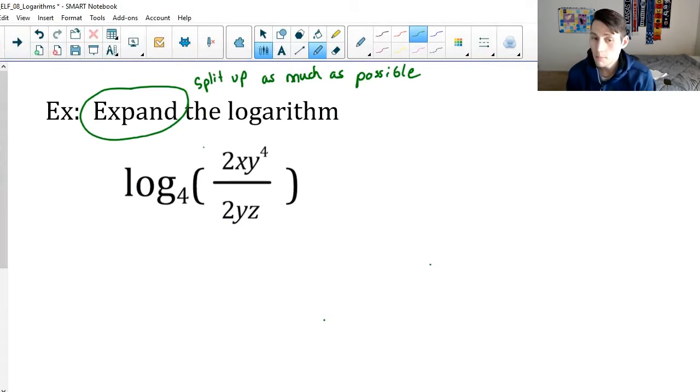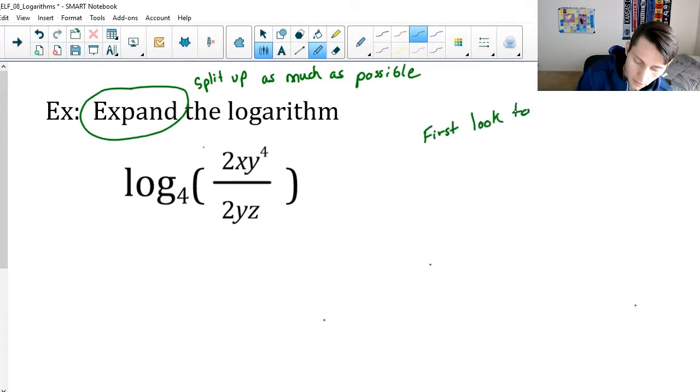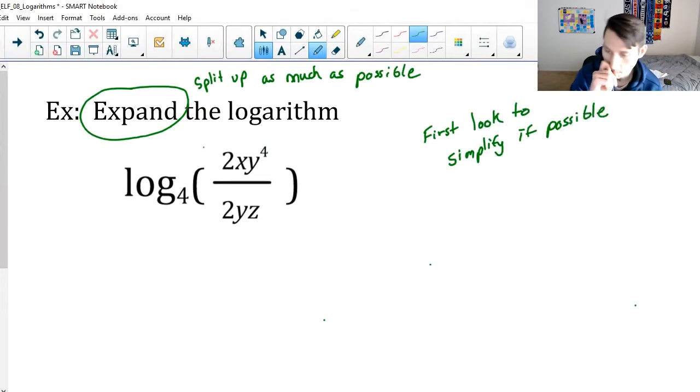Okay. Now, before we start using our properties, let's first look to simplify, right? If it's possible. It might not always be possible, but sometimes it will be. So for example, I first see a 2 in the numerator and denominator. Okay, great. So those will cancel each other out.